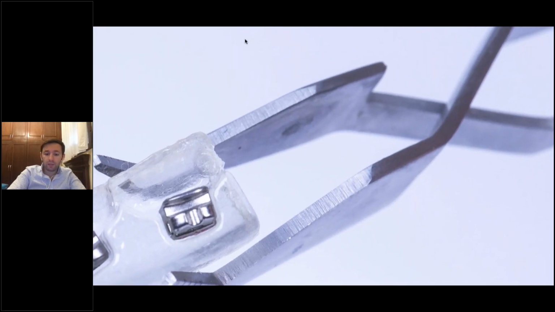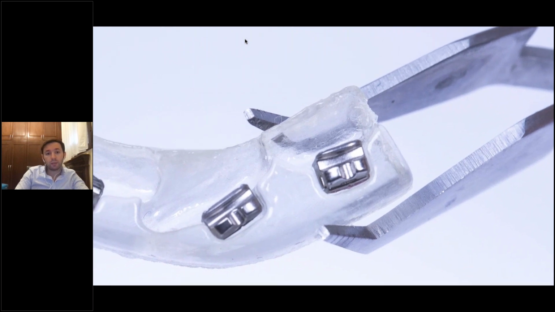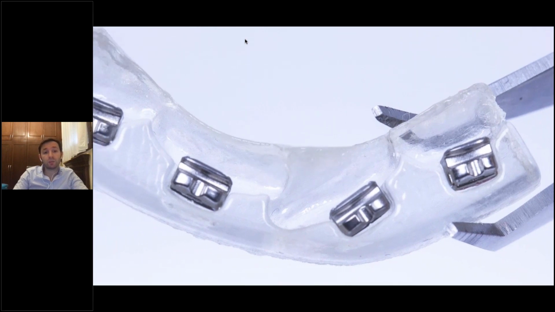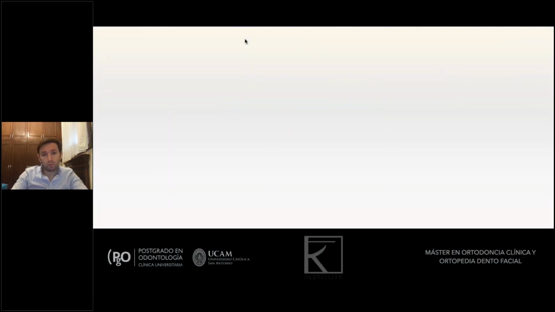With all of this, we are going to reach precision in the diagnosis, and for sure we are going to obtain precision as well in the treatment protocol.